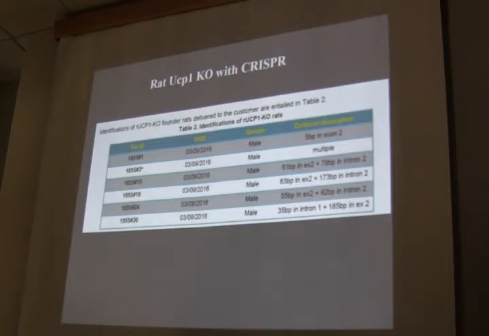It had cut everywhere. Our third rat had part of exon 2 and part of intron 2. It made the cuts there, and they all produced a knockout, so for our purposes it was fine, but as you can see, it's not quite as accurate as we thought it would be, or as it was billed to be.